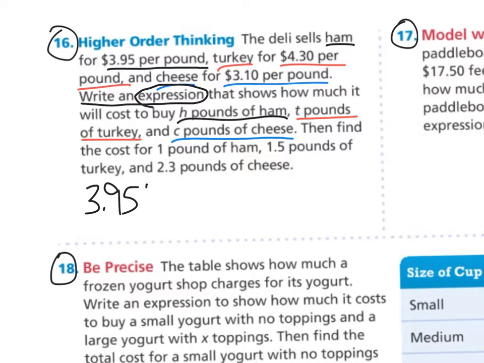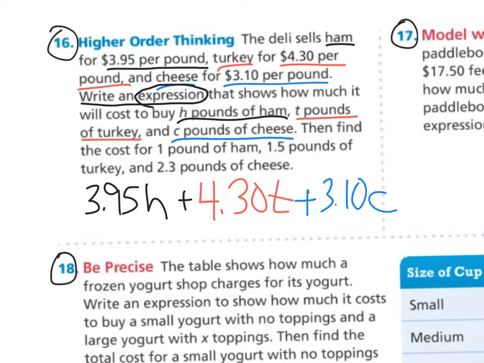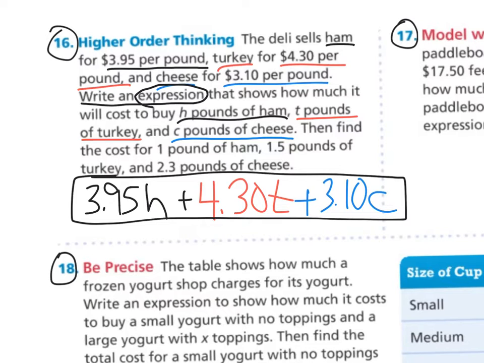So $3.95 times H would be our ham costs, and then plus $4.30 times T would be our cost for the turkey, and the cheese is $3.10 times C. That's our expression first that we need to write, and then we're going to find our cost.